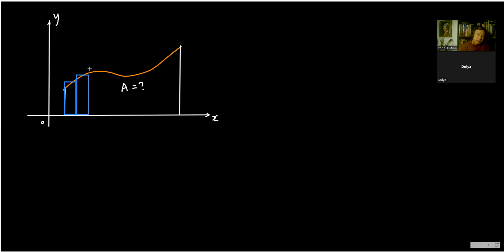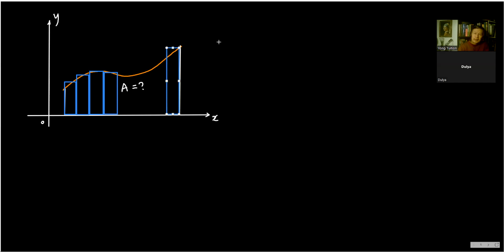So we can use the mean value of this height in order to find the area of each slice. You can continue until the last one. In doing so, this area is A1, this is A2, and depending on how many you have, this is An.